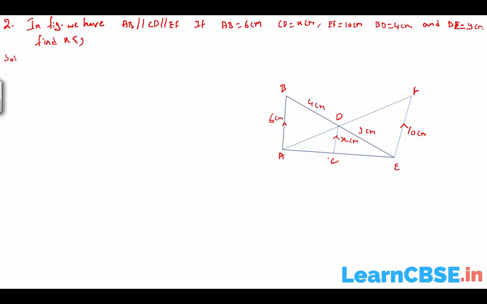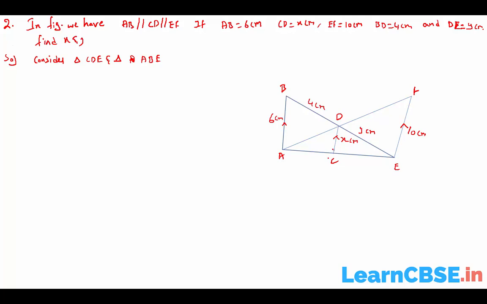Solution: consider triangle CDE and triangle ABE. Both triangles are similar because of the common angle.